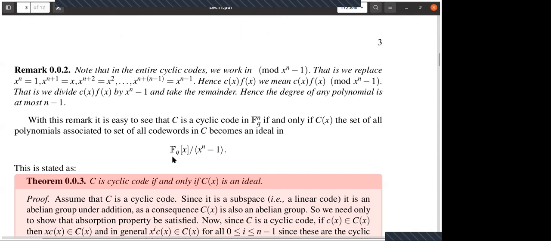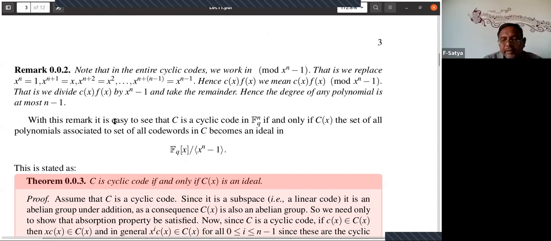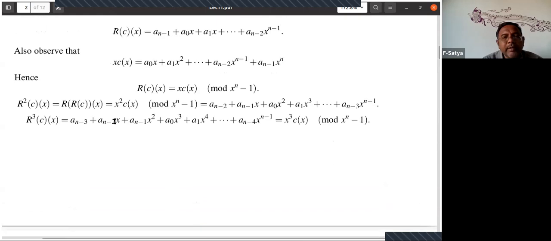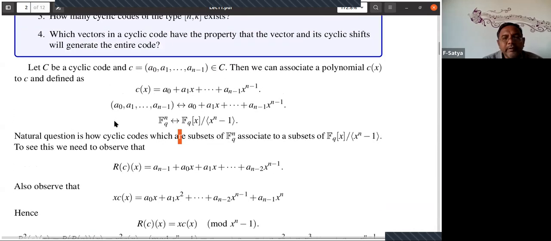Yes, sir. We saw the one-to-one correspondence, which is possible even if it is not a cyclic code. Fq power n is a vector space over Fq of dimension n. Fq[x] quotienting with x power n minus 1 is also a vector space over Fq of dimension n. So there is a one-to-one correspondence by converting it into a polynomial.